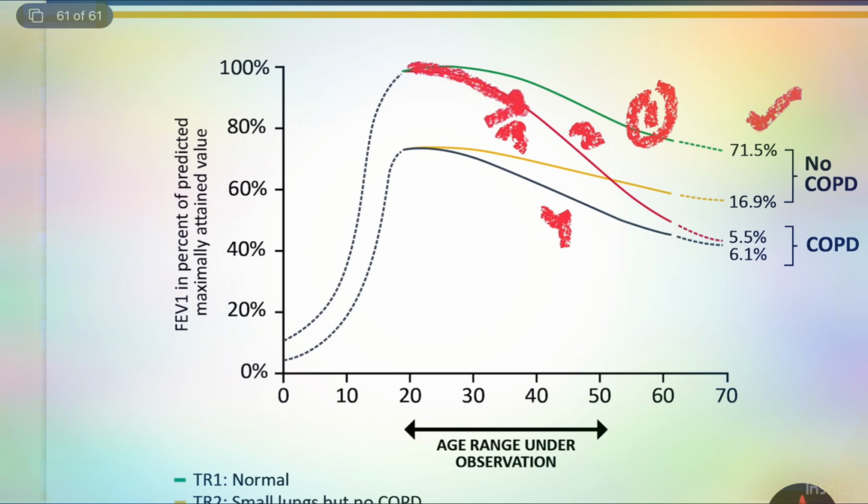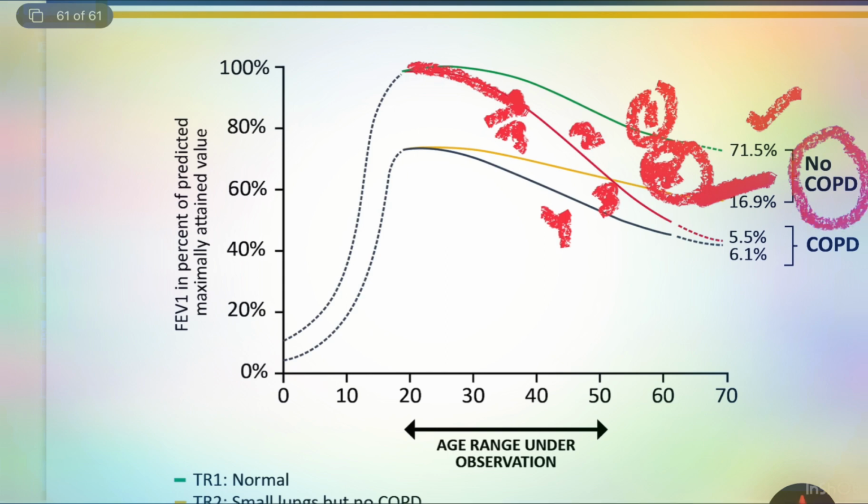Trajectory 2 is where the patient has small lungs but no COPD.